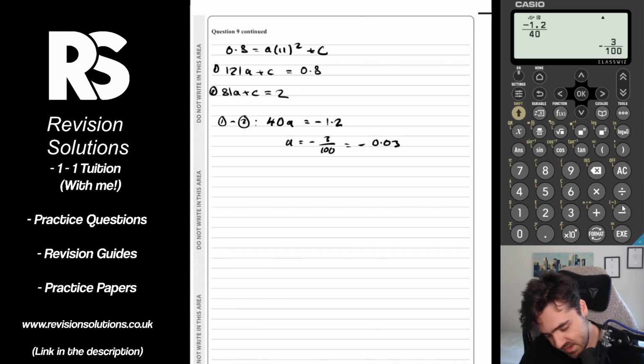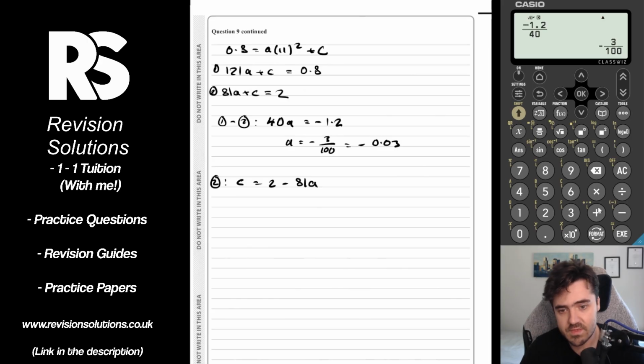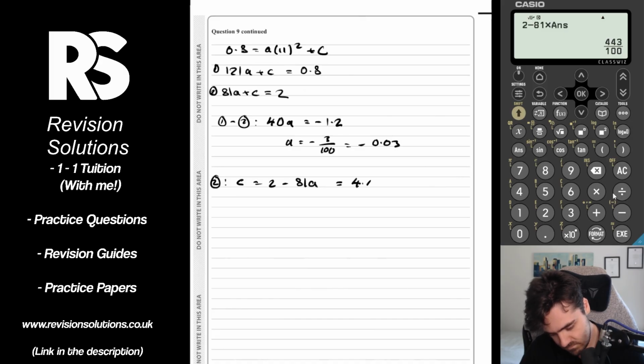Then if we plug that back in to get C, if we go to equation 2, C would be 2 minus 81A. So let's plug that in. That'd be 2 minus 81 times our answer we just got a second ago. That's 4.43, or if we want it exact, 443 over 100.